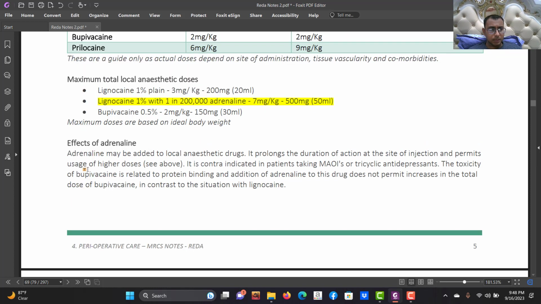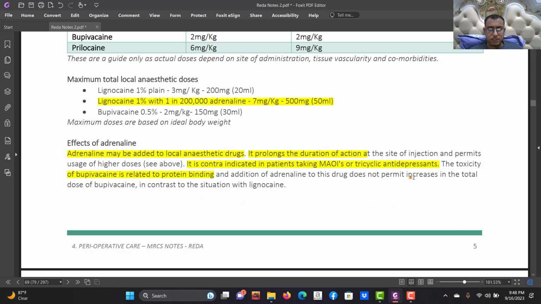Now the effects of adrenaline. Adrenaline can be added to local anesthetics. It prolongs the duration of action; that is the red solution. It is contraindicated with MAO inhibitors, or monoamine oxidase inhibitors. The toxicity of bupivacaine is related to protein binding, which does not permit an increase in the total amount of bupivacaine.